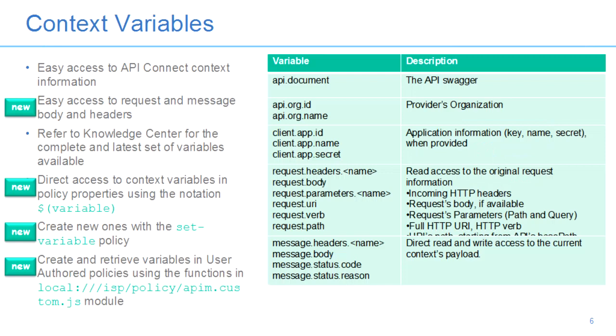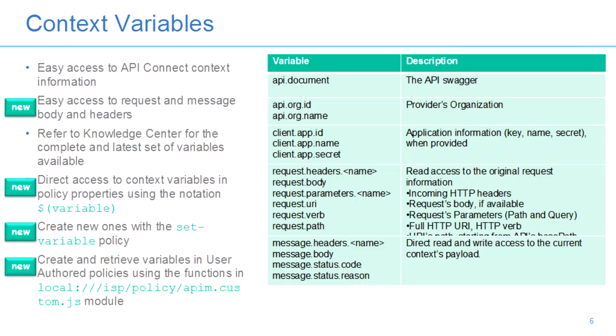The message dot can also be rewritten, so you can alter those. You can remove headers, you can add and inject new ones, you can change the body, you can change the status, the HTTP status information, in case you want to change it when returning the response. So the message dot is kind of your ongoing, changing payload as it flows through the different policies that are executing.